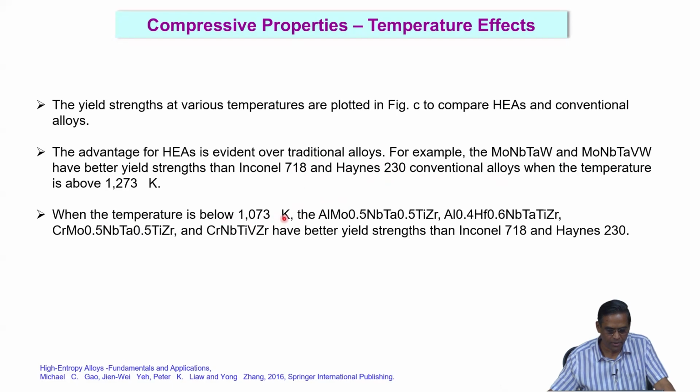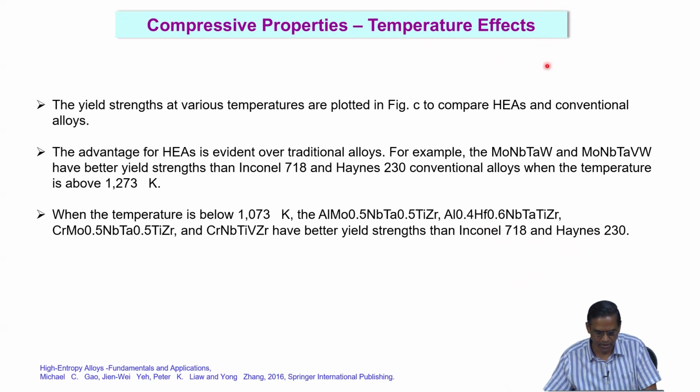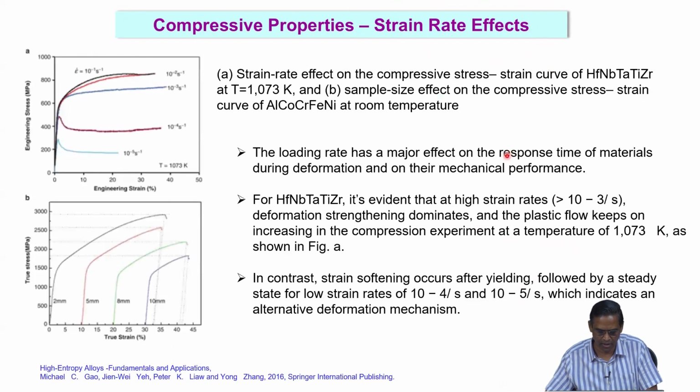Of course, when the temperature is below 1073 Kelvin, the aluminum, molybdenum, niobium, tantalum, titanium, zirconium alloy and other alloys have a better yield strength than the Inconel and Haynes. They are all the reference material for high temperature. That is why we are talking about Inconel 718 and Haynes 230. They are always a reference material. So this is with respect to the temperature effect we are talking about.